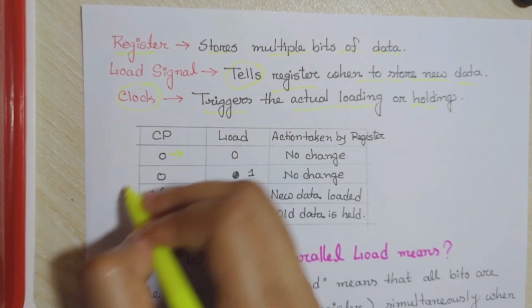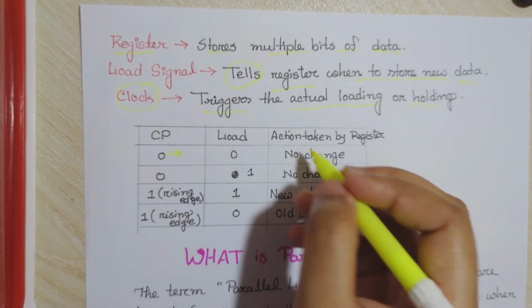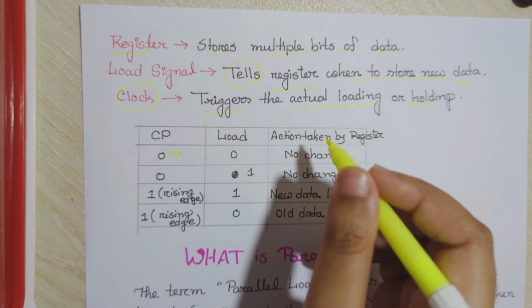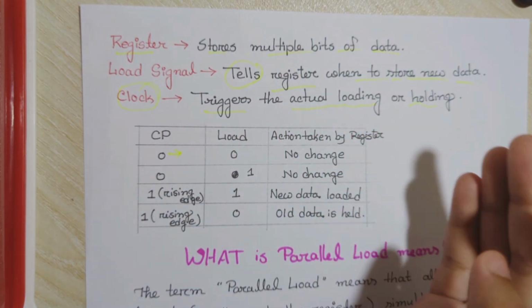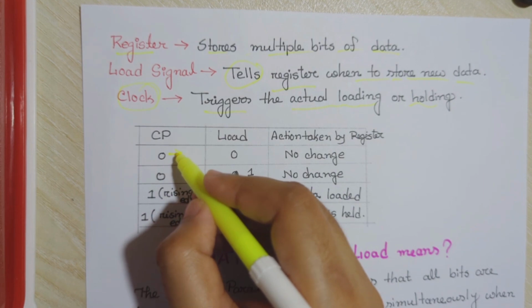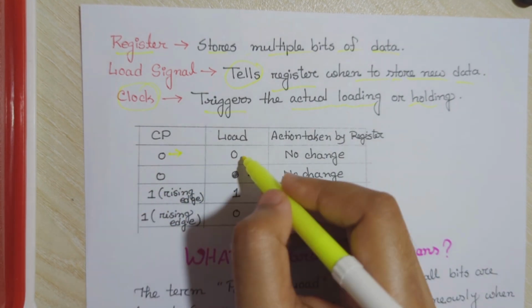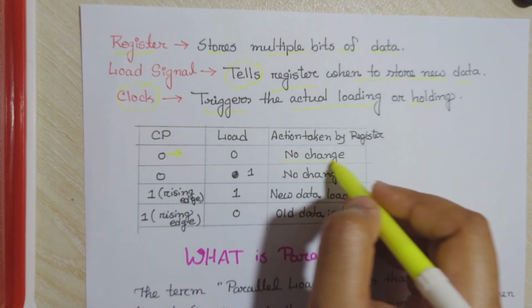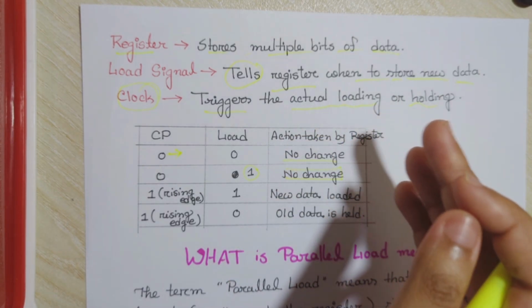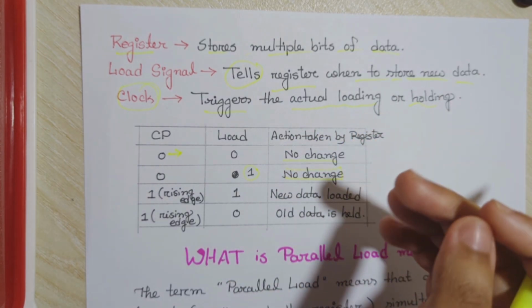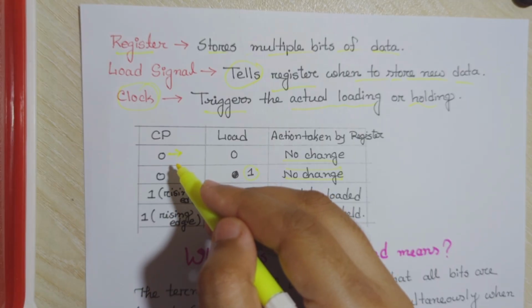When the clock pulse is 0, the flip-flop will not perform any new function, meaning it will be unchanged whatever input or load is given. So if the clock pulse is 0 and the load is 0, there is no change, and if the load is 1, there is still no change, because the flip-flop does not work in any condition as the clock pulse is 0.